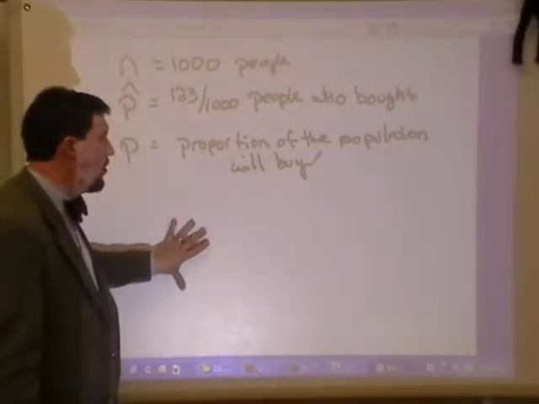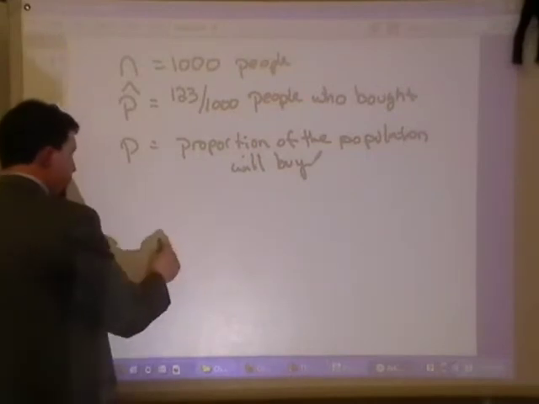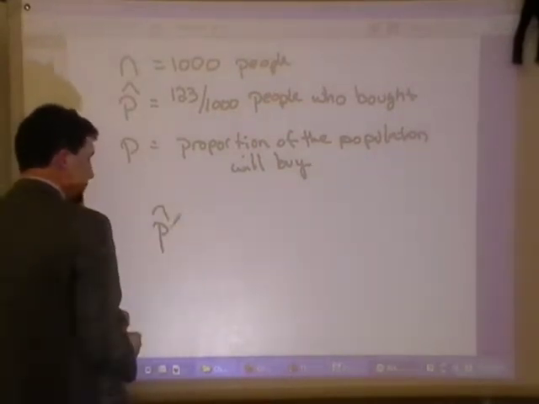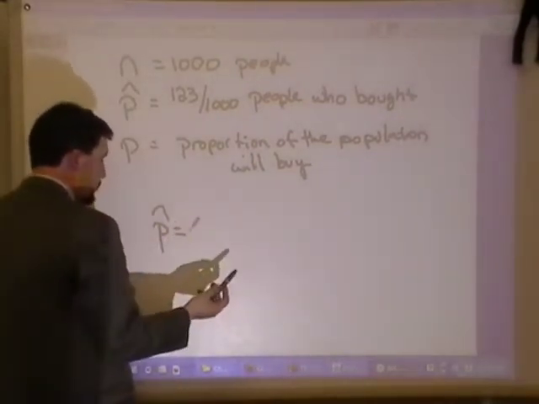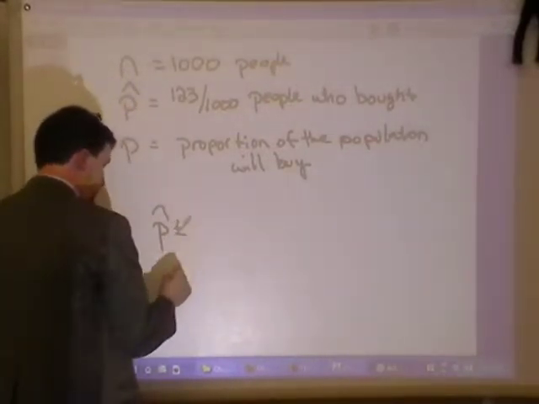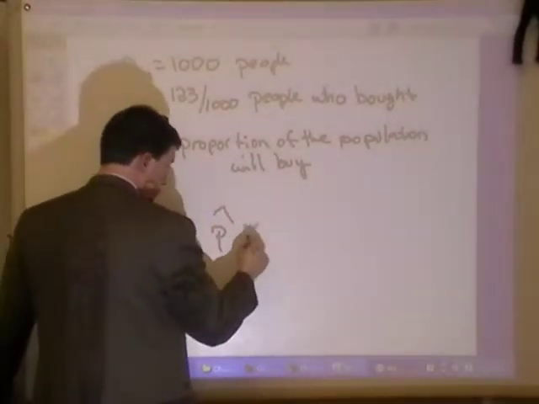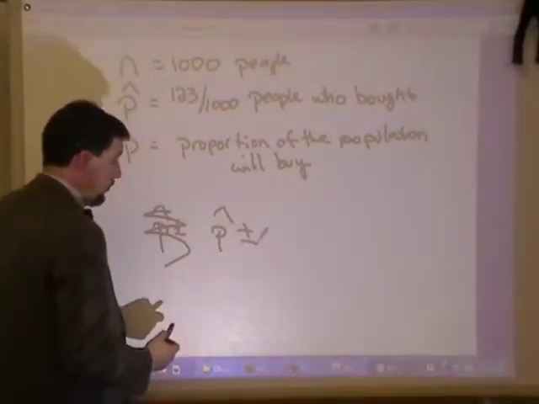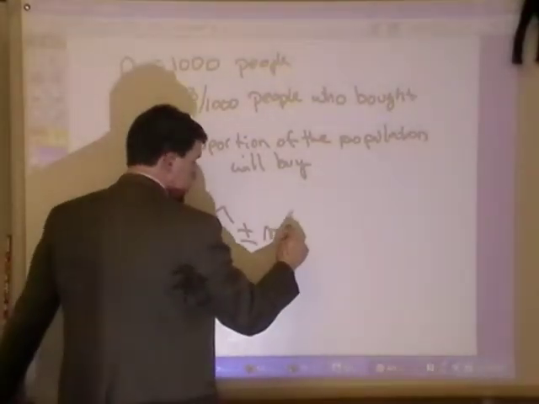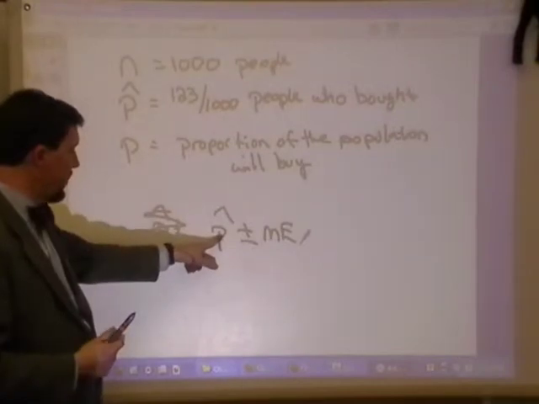Now I'm ready to create my confidence interval. Okay? Now what I remember about a confidence interval is that it is P hat plus or minus my margin of error, that buffer zone I'm going to add and subtract from this.